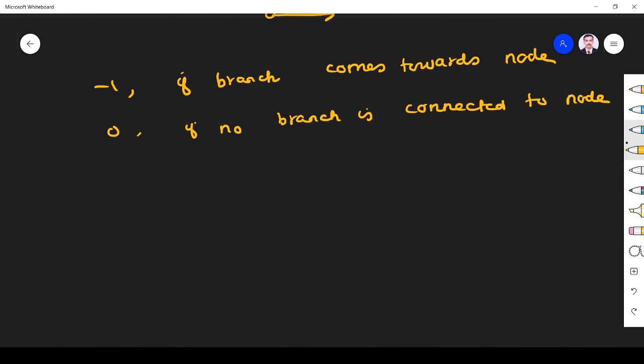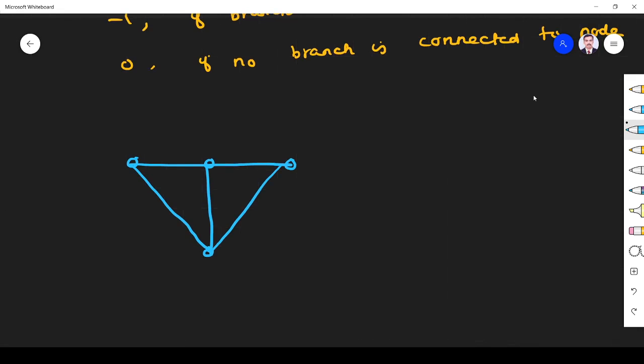Let us form an incidence matrix for a given graph. Let us take this graph. Here we know it has 4 nodes, right? What are the 4 nodes? The nodes of this graph are node 1, node 2, node 3 and node 4.